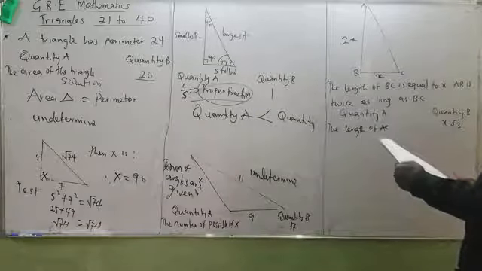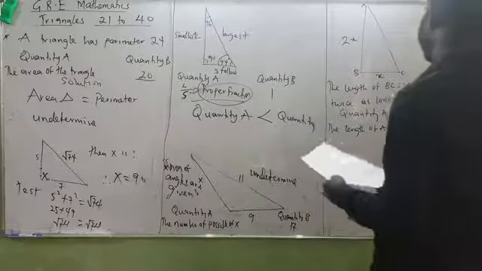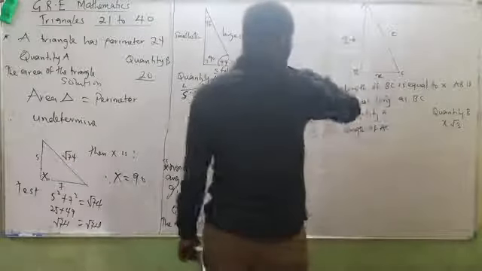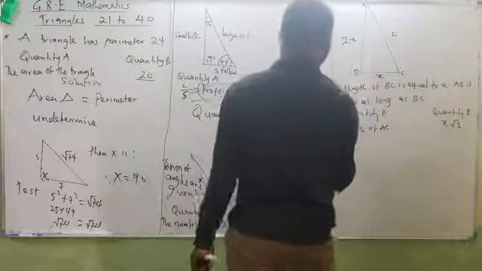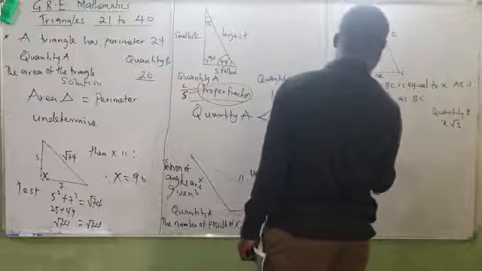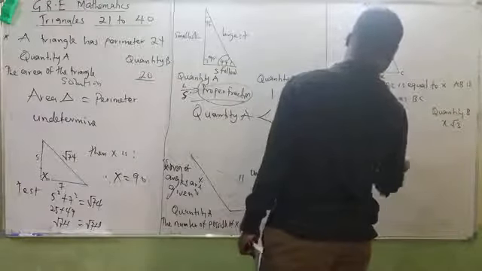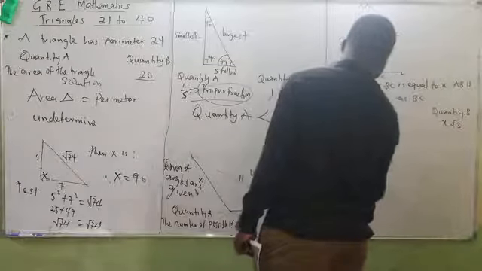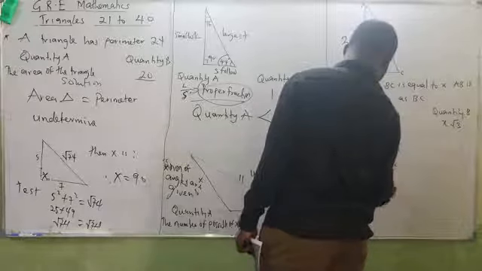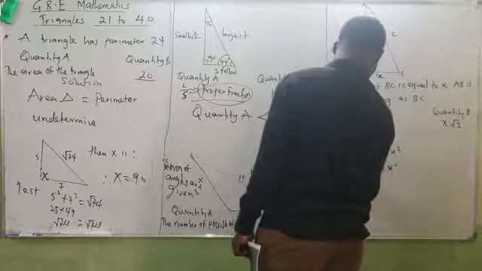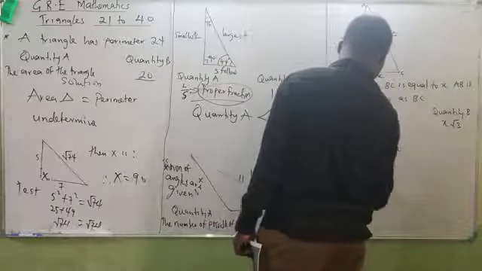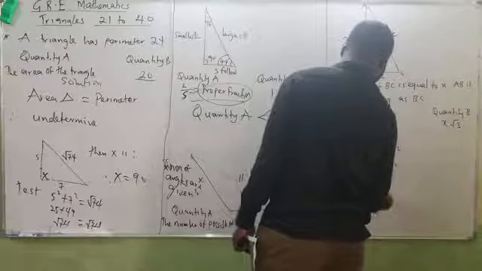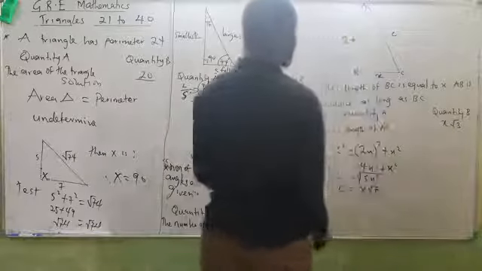Since it's twice of that, what you need to do here is call this side C. I can say that C squared equals 2x squared plus x squared, which is 4x squared plus x squared, which is 5x squared. Taking the root, C is x root of 5, which is known as the hypotenuse.